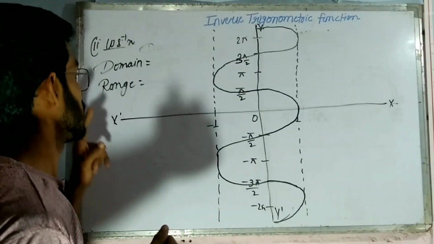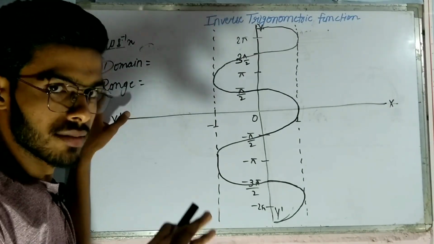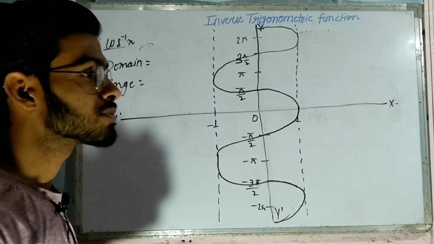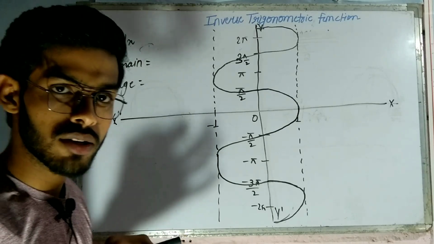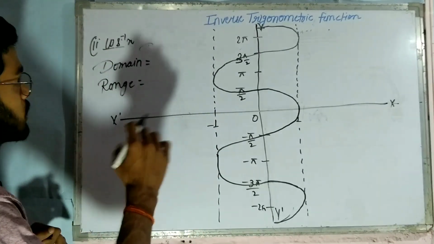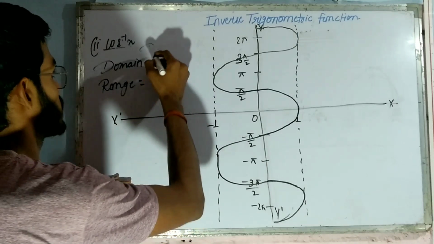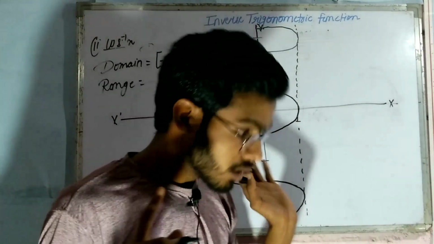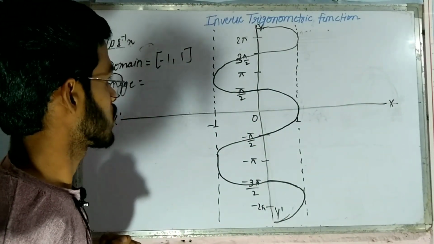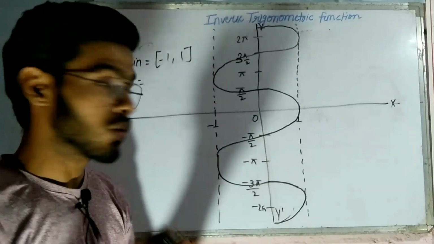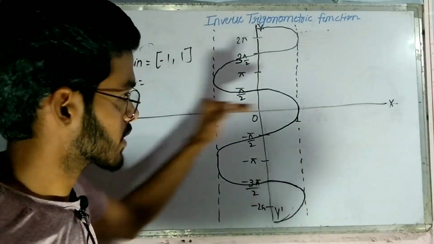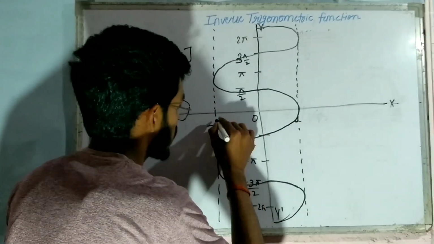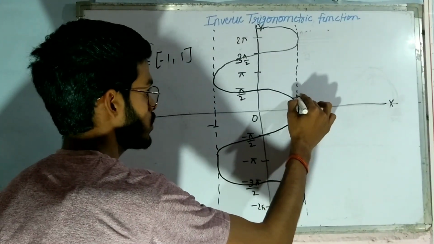So we know that the range of cos x, a trigonometric function, is the closed interval -1 to +1, and it will become the domain of cos inverse x, -1 to +1, because in the previous graph I have already told you that the points which lie on the x-axis are the domain. So you can see that positive and negative one lie on the x-axis, so it is the domain.